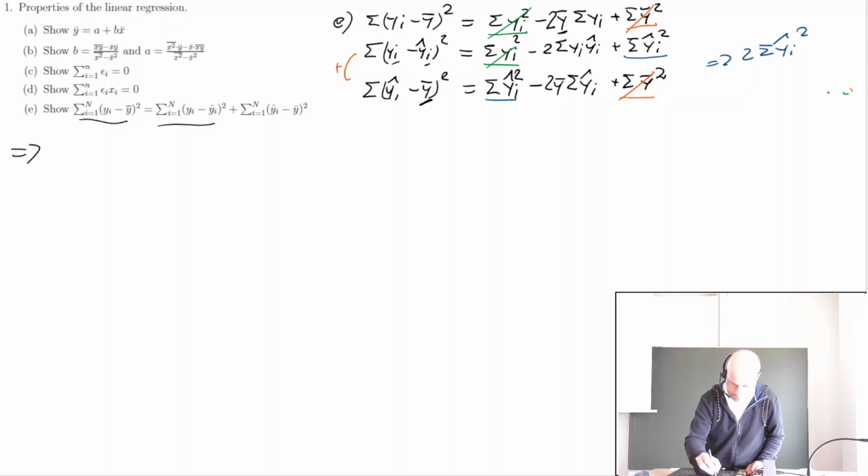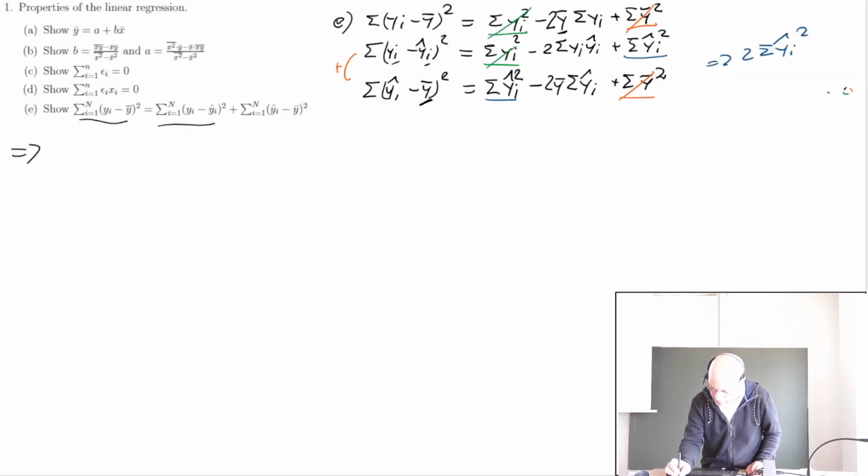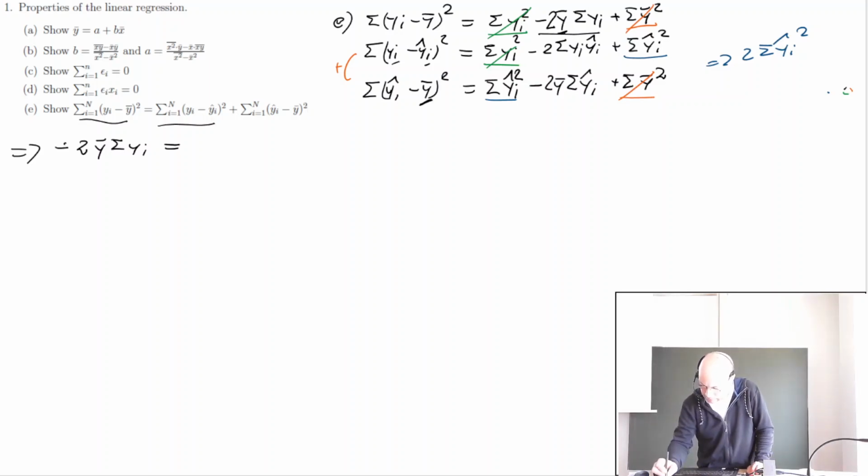So in the end, we end up with this part here: minus 2 y hat sum over yi equals the right side.